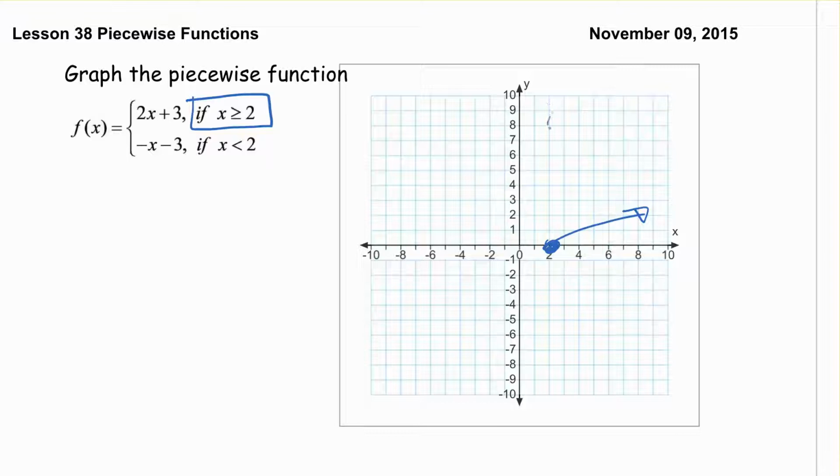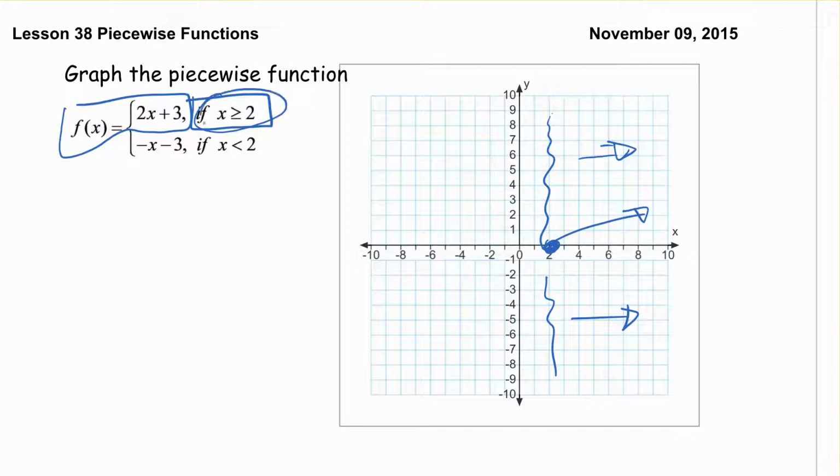Or if we graphed it on the x and y, it would be everything to the right of this. We want this equation here, f of x equals 2x plus 3, but we're only going to put in the graph that's to the right of that line, because we only want x values that are greater than or equal to 2.